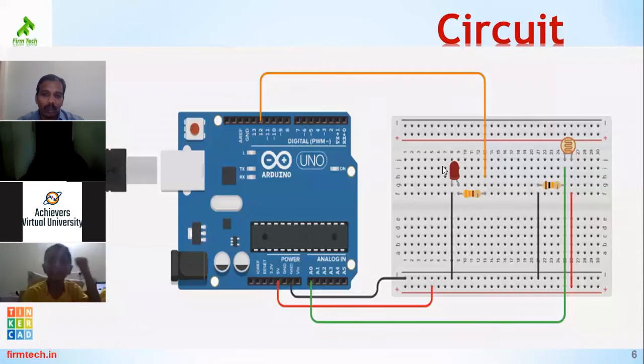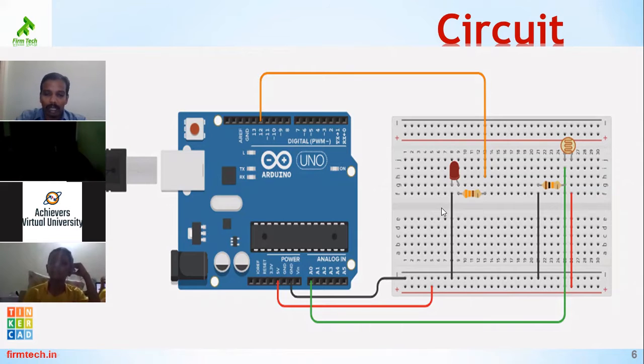And there is no change in our output circuit. As we have discussed in the previous classes, it is connected to the 12th pin of our Arduino board through a current limiting resistor. So this is all about the circuit which we are about to design today.